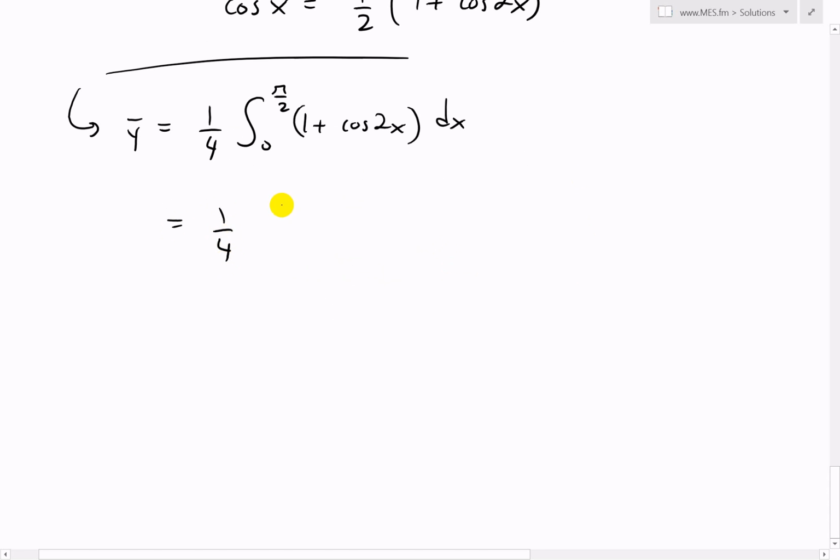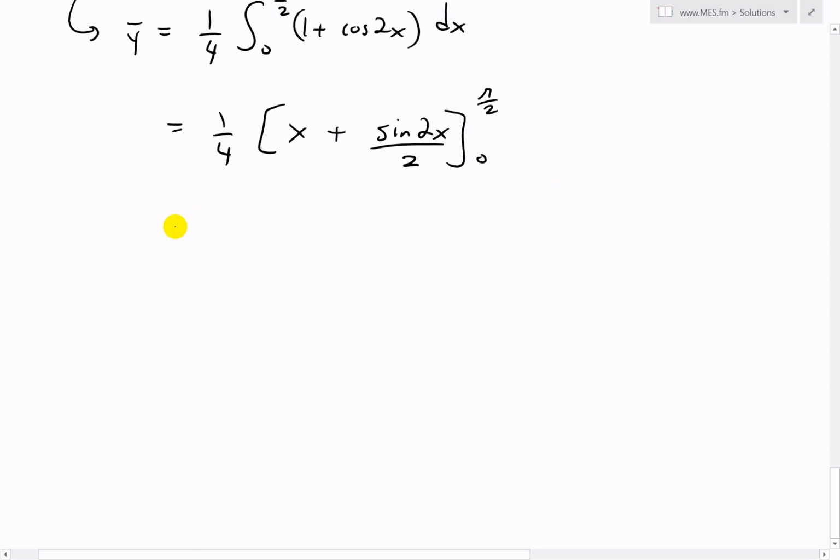So 1/4, and the integral of 1 is x. The integral of cosine 2x is sine 2x, but then use the chain rule, divide by 2. The derivative of sine 2x is 2 times cosine 2x, and then this cancels. So 0 to pi over 2.